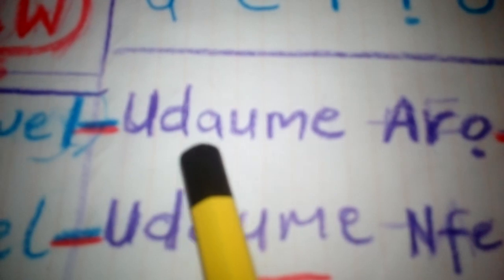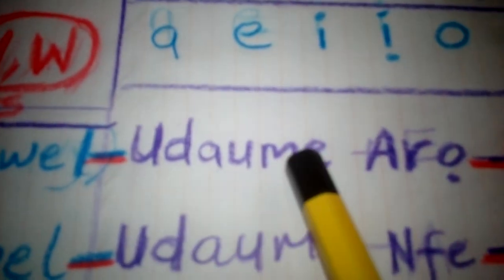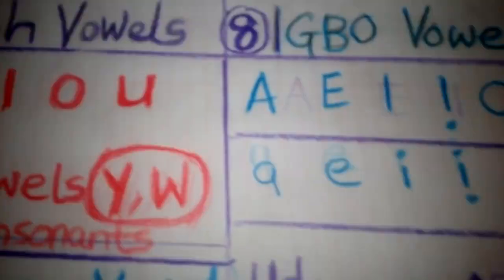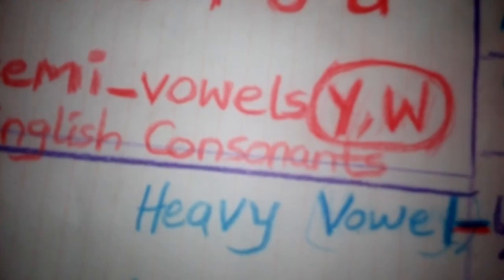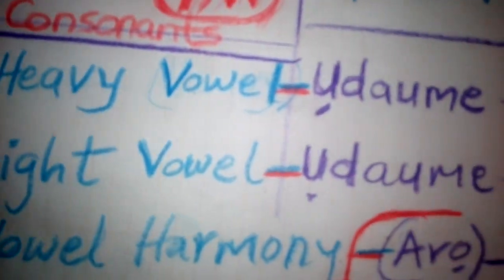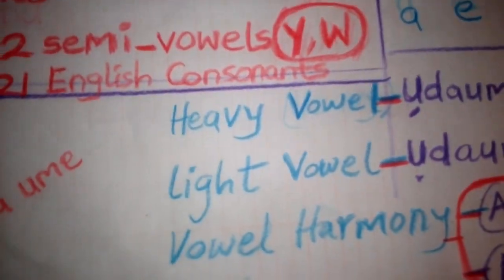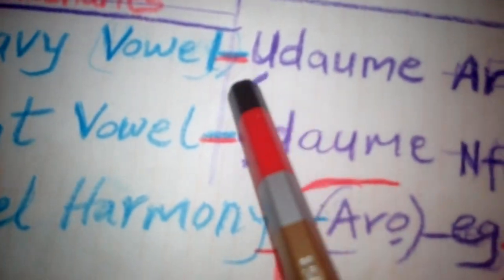But when you see something like this, you know that this oda is a different word, and this ume is a different thing, because it's not actually oda. Oda has a dot here.